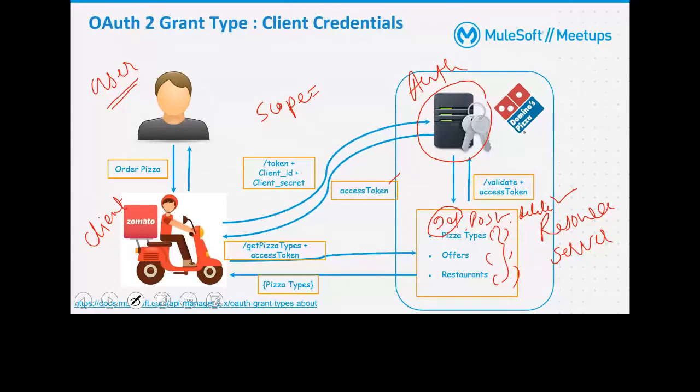Scope is equal to, sometimes you mention read, sometimes write, sometimes you can give them comma separated, and if you say delete also, you'll mention these scopes in your URL itself when you're triggering this token URL. So that access token will have the scope information also.